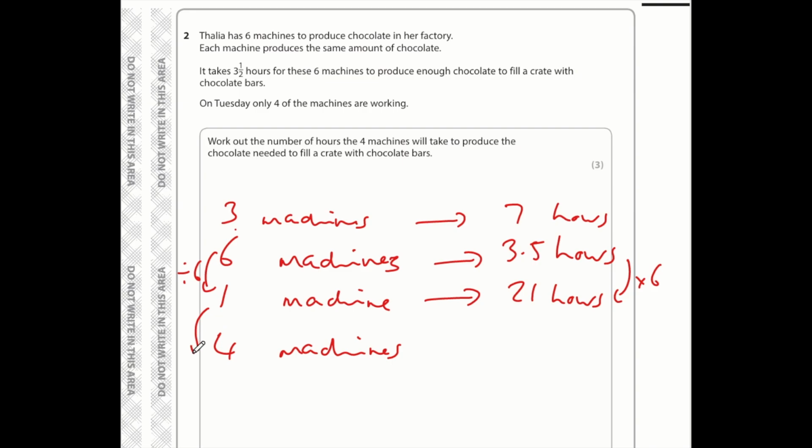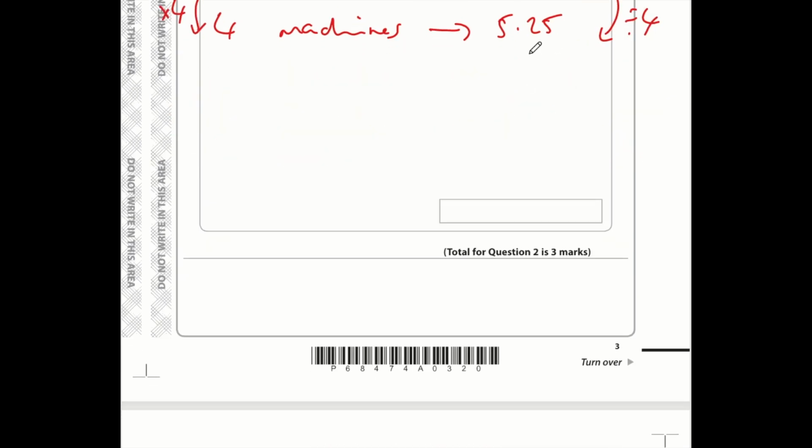But we've got 4 machines, so that's 4 times as many machines, so that's going to be 4 times less time. And 21 divided by 4 is 5.25 hours. So there's our answer. And 0.25, you could say that's a quarter of an hour, so you could say 5 hours, 15 minutes. Of course, 5.25 hours is perfectly acceptable as well.